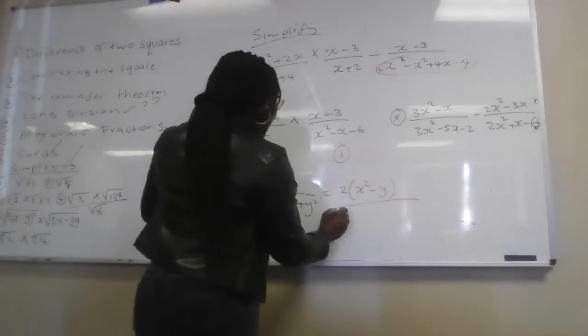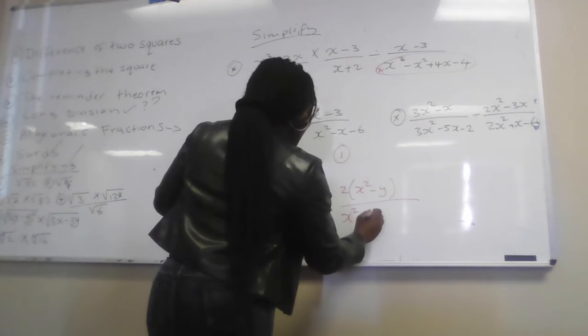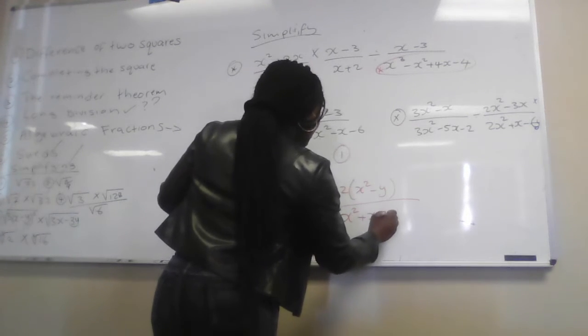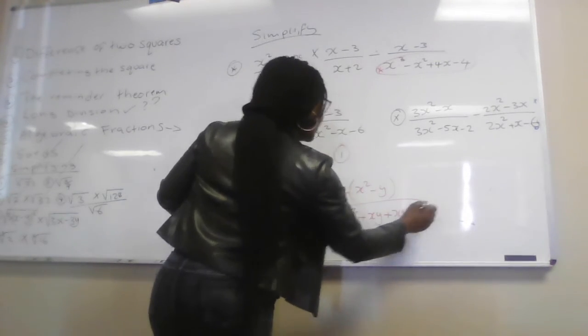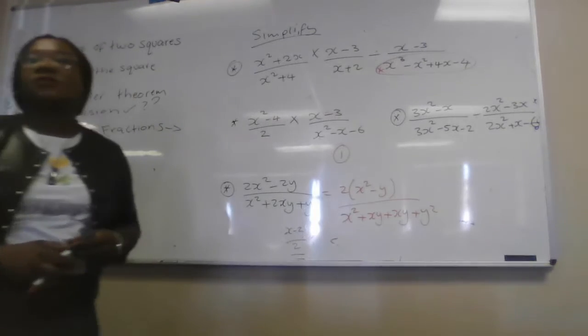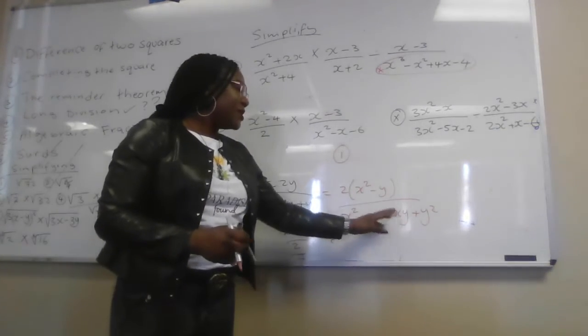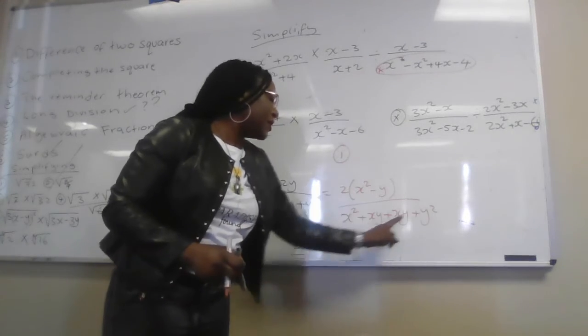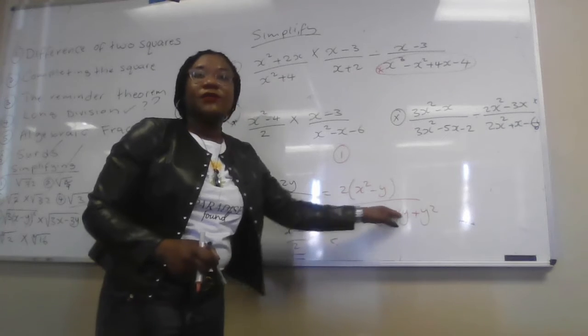It's 1 and the factors, so your answer is x squared plus xy plus xy plus y squared. I don't know if you're understanding my point. When we looked for factors, we didn't have y and y. But in case where you have y with a power and this one with a power, you have to bring y and x here.